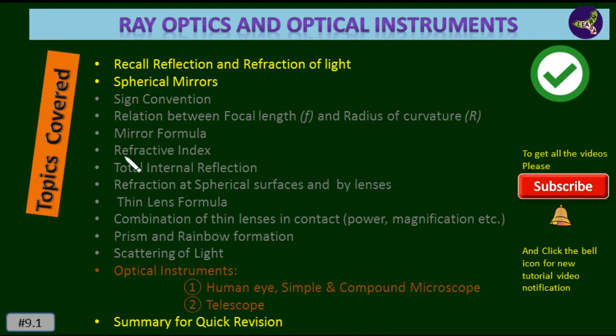We will discuss refractive index, total internal reflection, and again refraction at spherical surfaces and by lenses. We will also discuss thin lenses, combination of thin lenses, prism, rainbow formation, scattering of light. And we will discuss optical instruments like the simple and compound microscope and telescope. And more videos will be there where we will discuss all the topics in summary for quick revision.